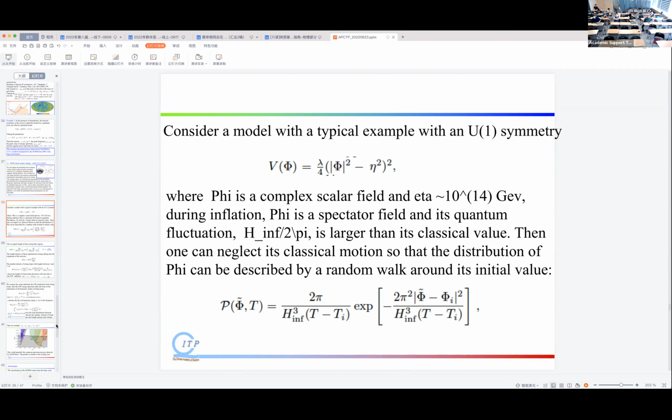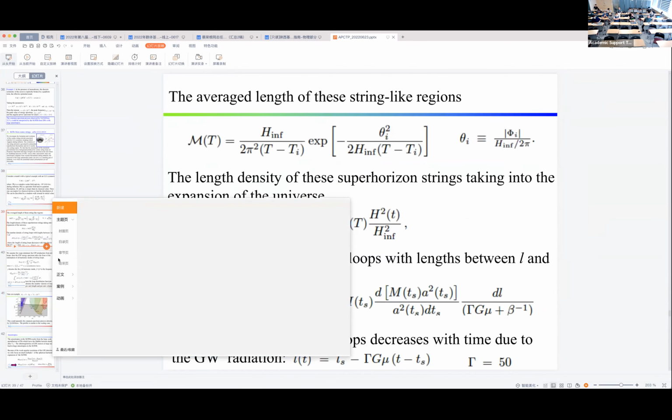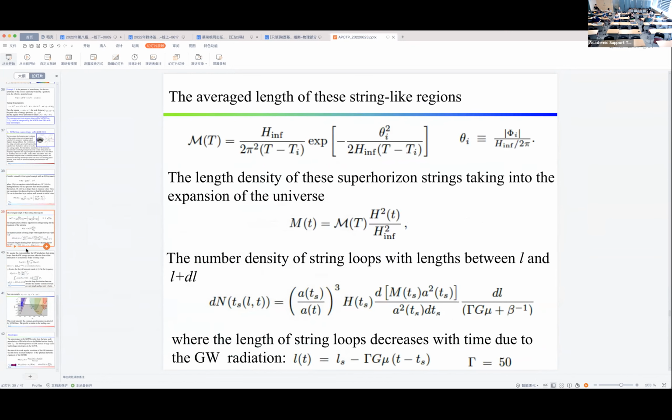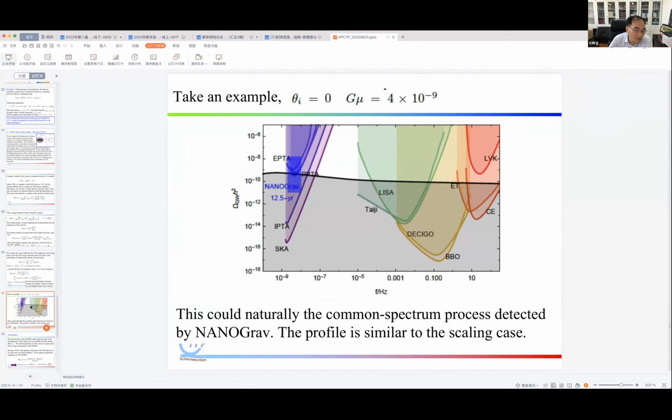But the thing is, what if such a cosmic string exists, the deficit angle wouldn't change. So it still has a huge deficit angle. Here's the tension. According to the current CMB constraint, the tension of the string gets the constraint: G mu should be less than 10 to the -7 or something like that. Yes. And in our model, for example, to explain the NANOGrav signal, the string tension is 10 to the -9.